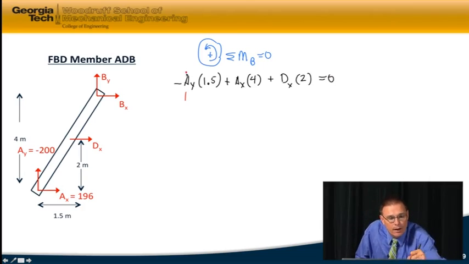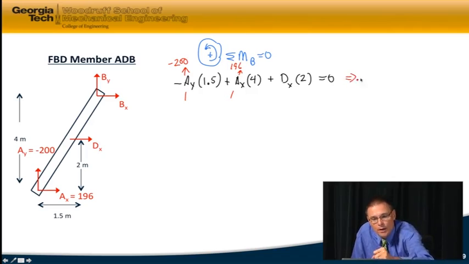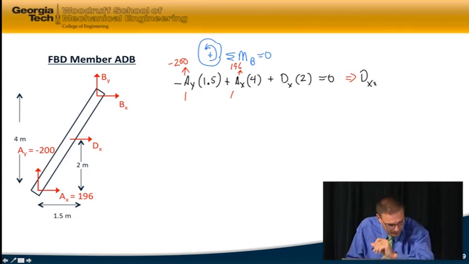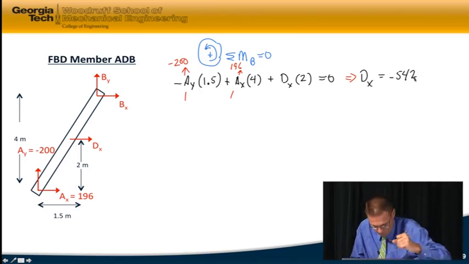Go ahead and put in the values of AY, which is minus 200, and AX, which is 196. And you can then solve for DX, which ends up being minus 542.